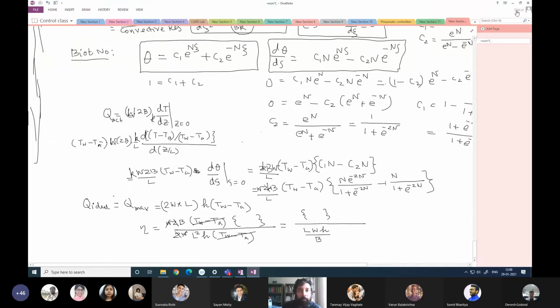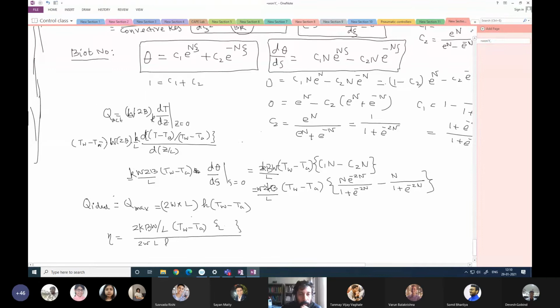So let me clean up this part. So is this correct? This is twice KBW over L, no? So eta equals to twice KBW over L, TW minus TA, over twice W L H TW minus TA.